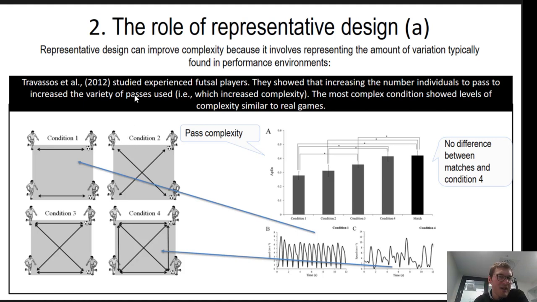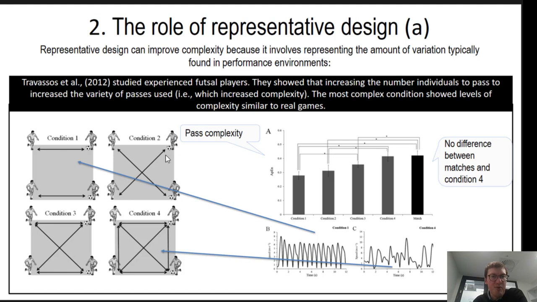So in this 2012 study, they took some experienced futsal players, and in their first condition, they had players just passing a ball back and forward to the same player, right? So we have these 4 players and they just choose a partner and they're always passing back and forward, okay? They had a second condition where players, instead of passing to their adjacent teammate, passed to their opposite teammate.